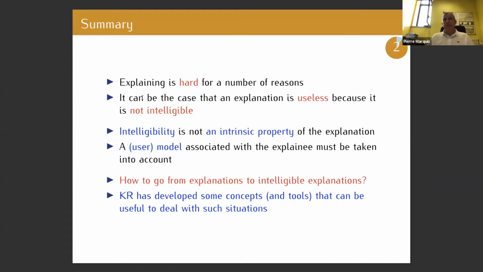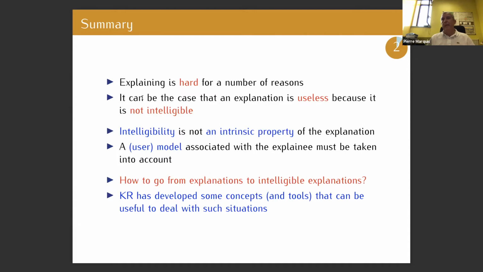The intelligibility issue just means that an explanation can be already computed, can be, in fact, short, can have a simple structure, but it can be still useless because it is not understandable by, say, the user.